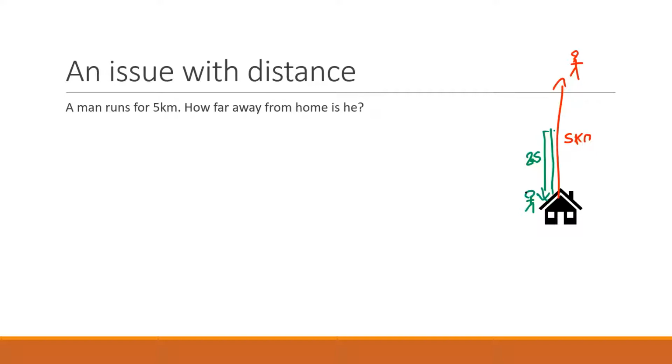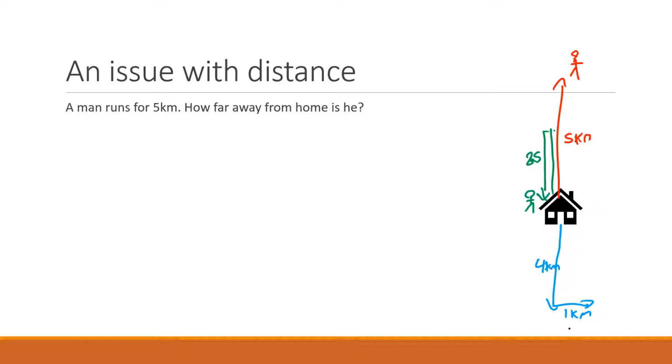And you might be like, okay, that doesn't make it as simple, right? Just because you know this person's run 5 kilometers doesn't mean you know where they are. What if I had this person, let's do a new one in blue. Let's say this one in blue runs 4 kilometers this way, and then runs 1 kilometer this way.